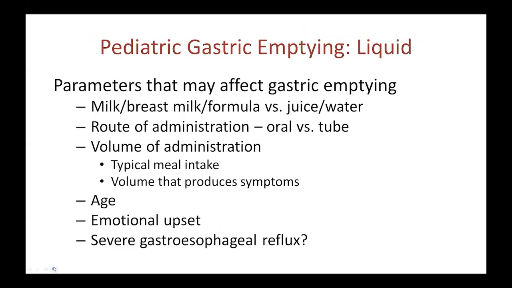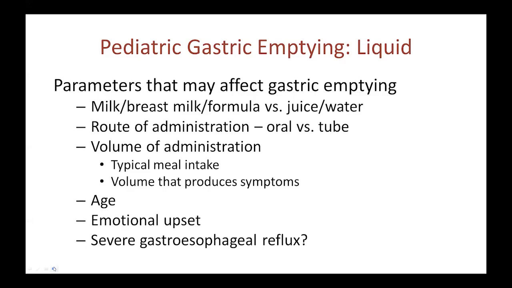Some parameters that may affect gastric emptying, particularly with a liquid study, include the choice of meal. We typically use milk, breast milk, or formula rather than juice or water, which will not actually bind the sulfur colloid. The route of administration, oral versus tube, can have an effect on gastric emptying. And of course, the volume of administration, which is why we try to replicate the typical meal intake unless we're specifically using a volume that produces symptoms.